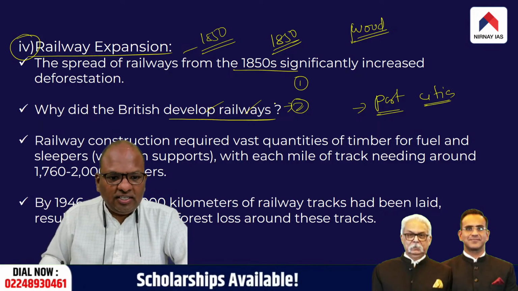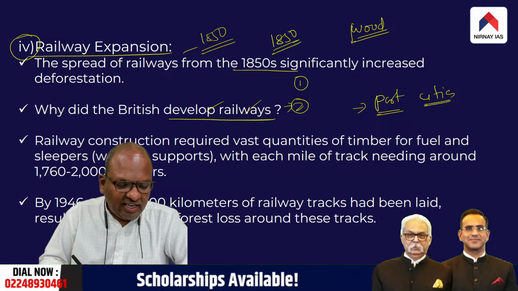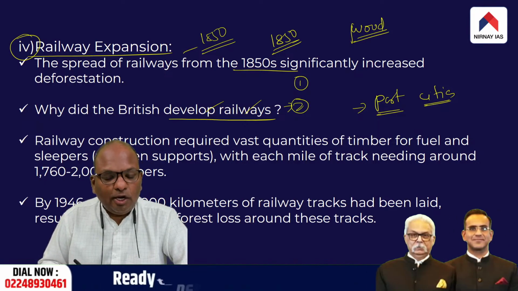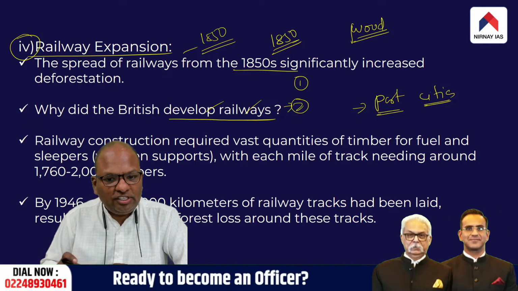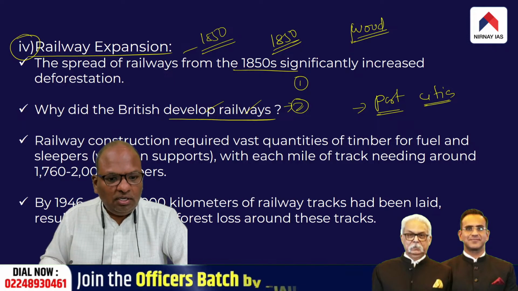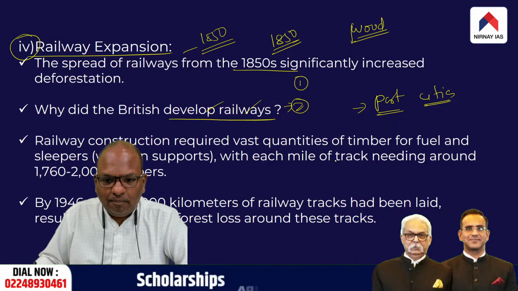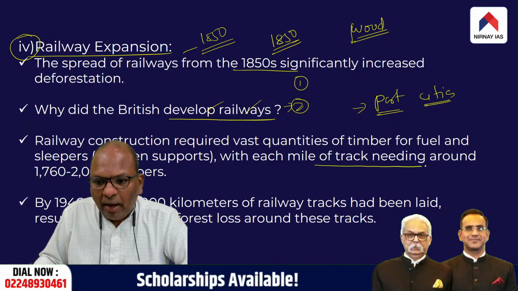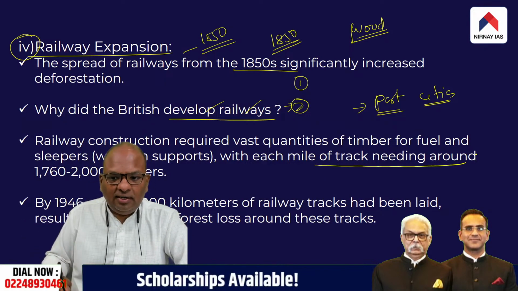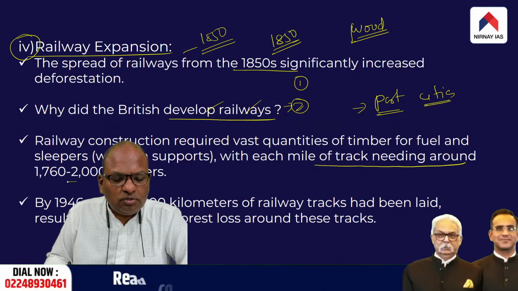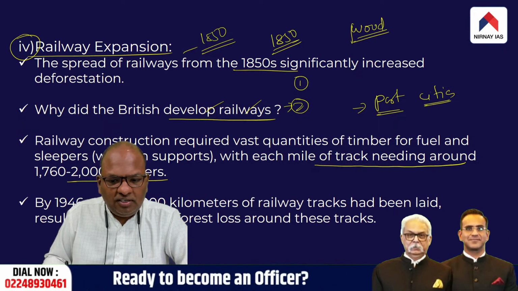So the development of railways in India also had a role to play in the deforestation of India. How? To construct 1 mile of railway track, we need close to 2000 sleepers. What are sleepers? Let me repeat.